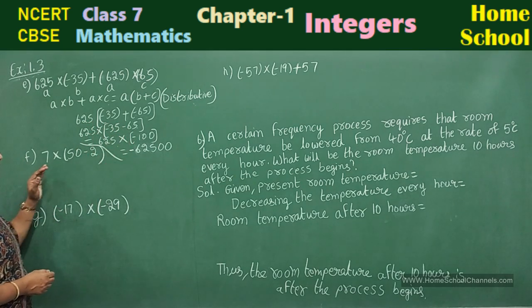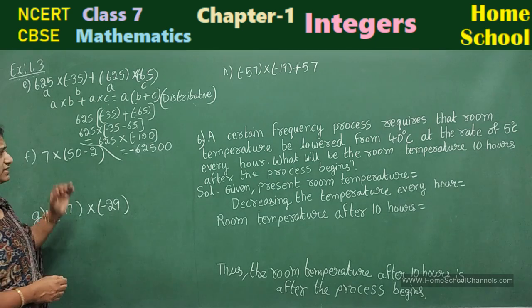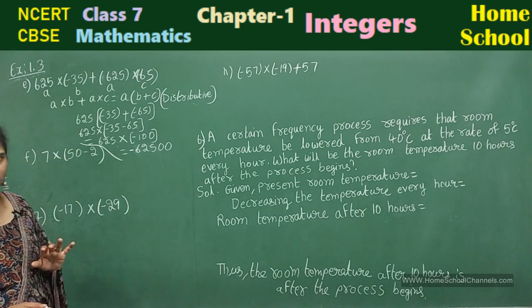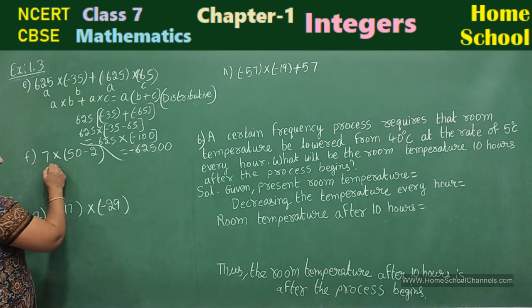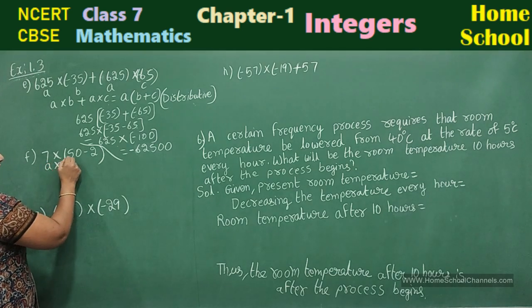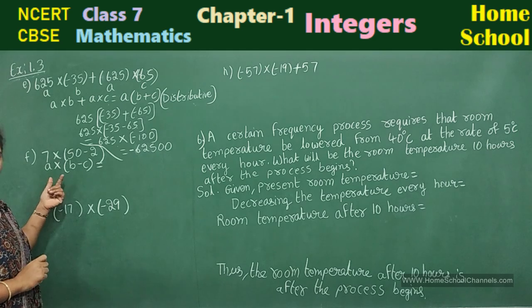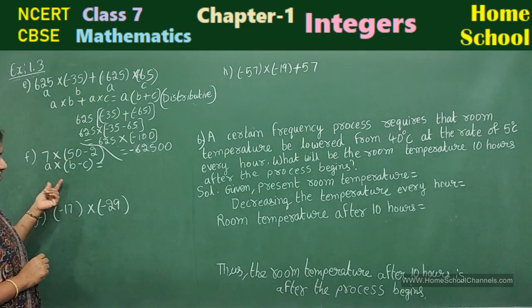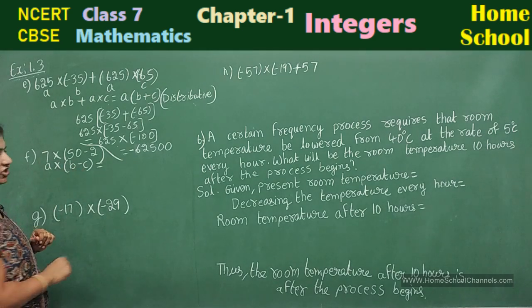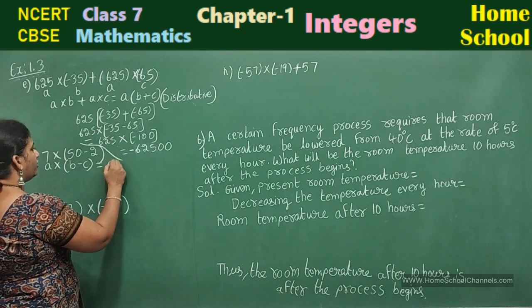Next one, 7 into 50 minus 2. Same, I think it is also distributive, but here I say that A into B minus C. That means distributivity of multiplication over subtraction. Right, the RHS is what you are going to have?